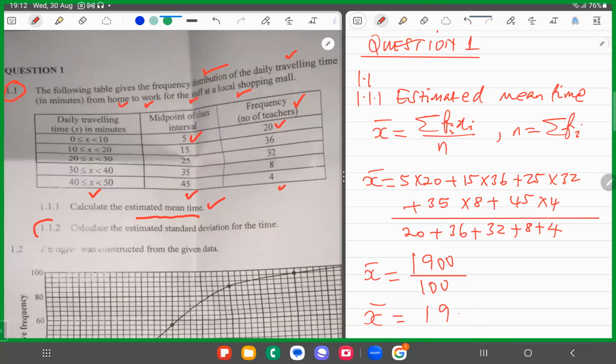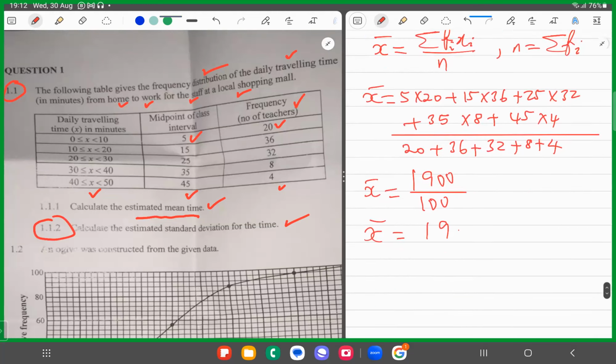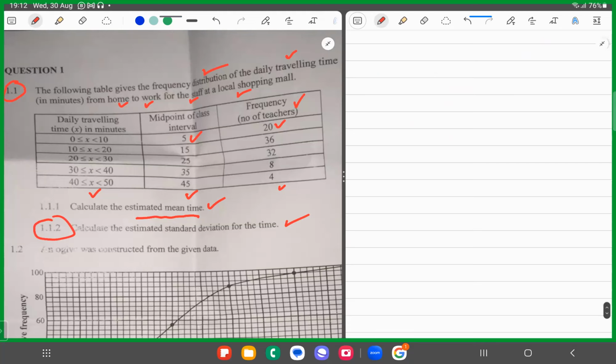Now, in 1.1.2, calculate the estimated standard deviation for the data. Right, the estimated standard deviation is just very similar to this one. So there's a formula we use for this, and we shall learn these together. So we're looking at 1.1.2. The estimated standard deviation, you can call it sigma, and then you write a square root like this.